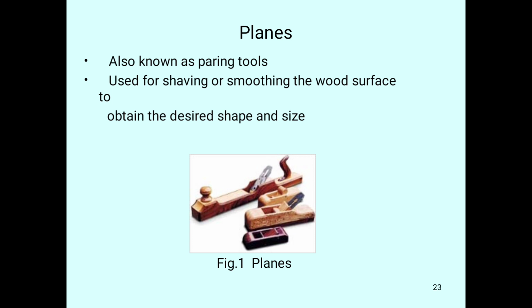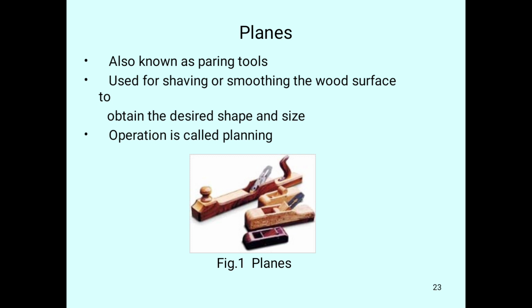This means that by using these planes, we can shave or smooth the surface of the workpiece to obtain the required shape and size. This operation is called planing operation.